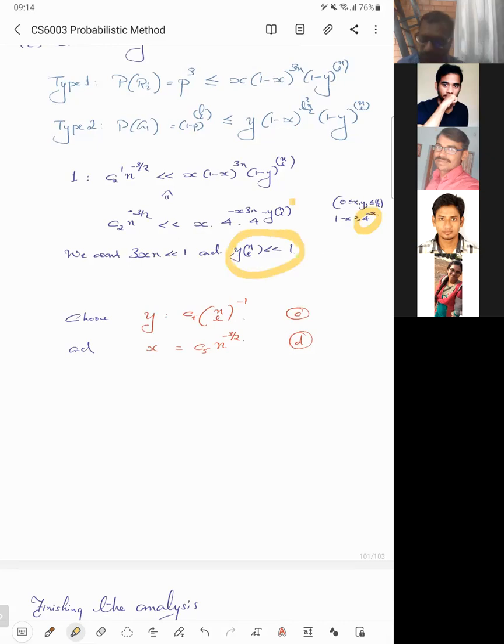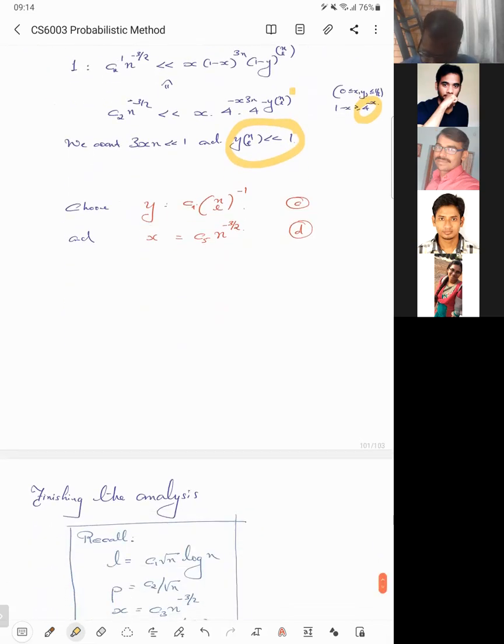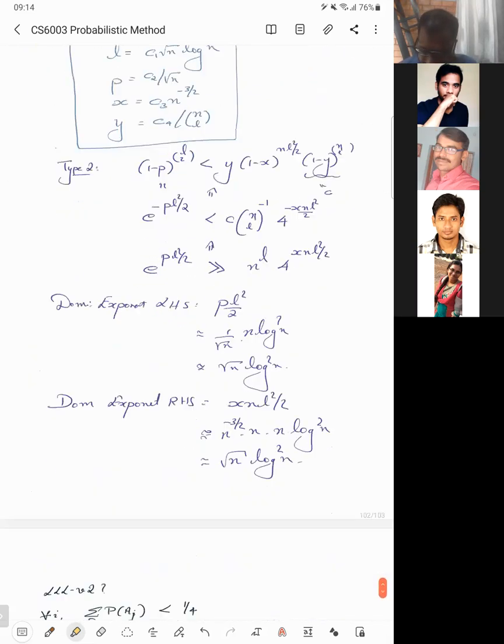So if you choose y times n choose L to be much less than 1, then this is almost like 1 by 4 or even better, a lower bound of 1 by 4 or even better. And then you solve for x based on the next inequality, and you are done. That's finishing the analysis.